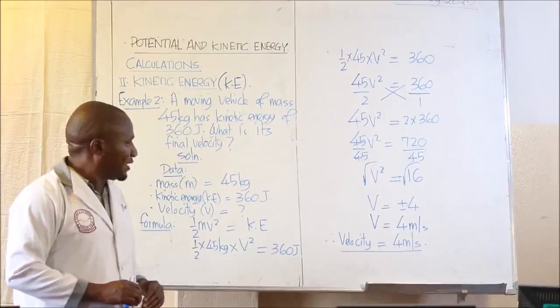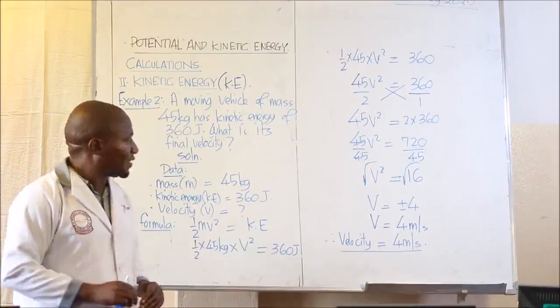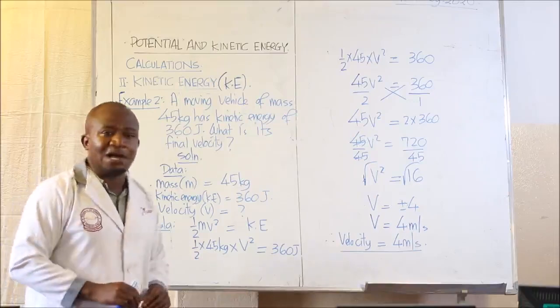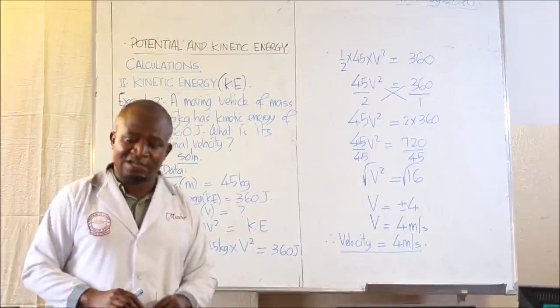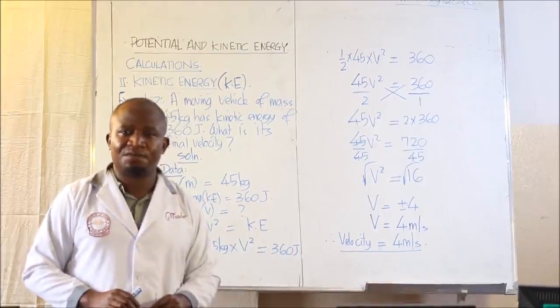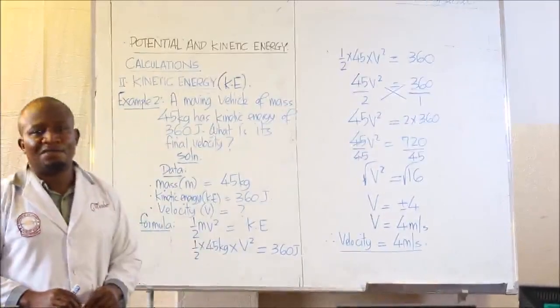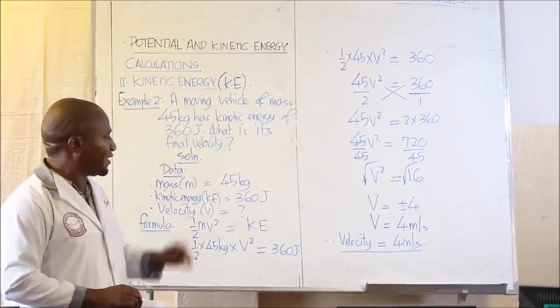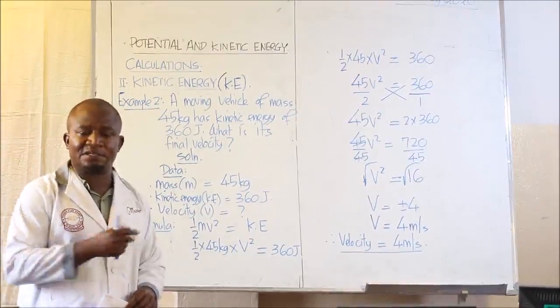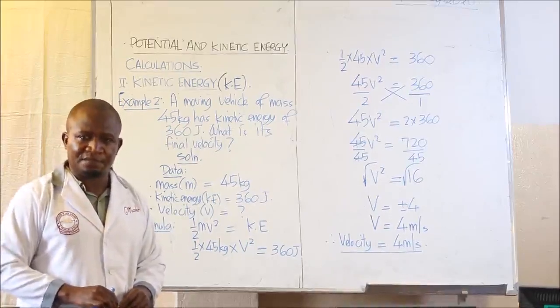At this particular juncture, our part is done. We are done with kinetic energy and potential energy. Find out on time and get as many questions as you can. Try solving them, applying the skills that I've taught you.